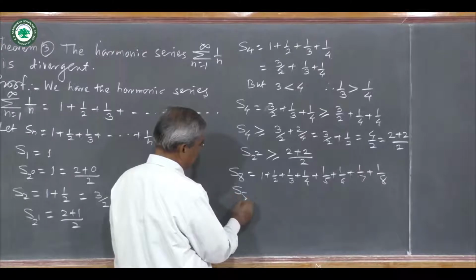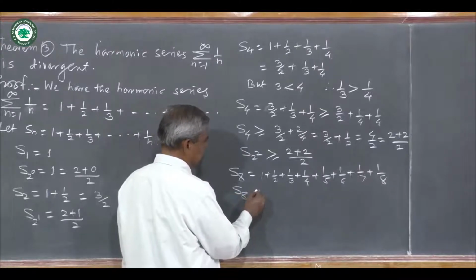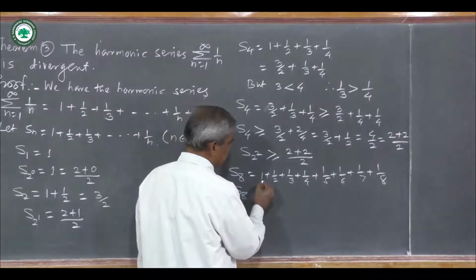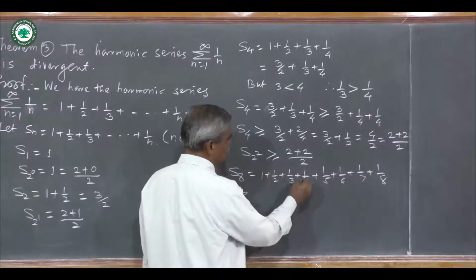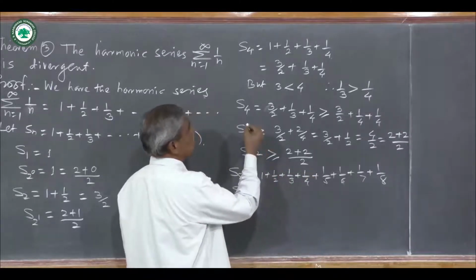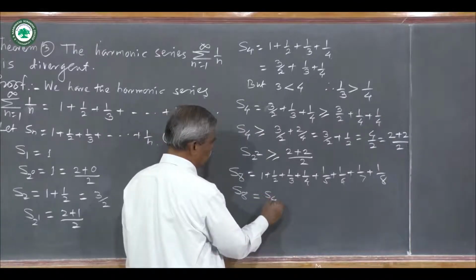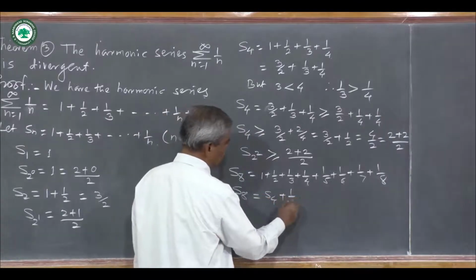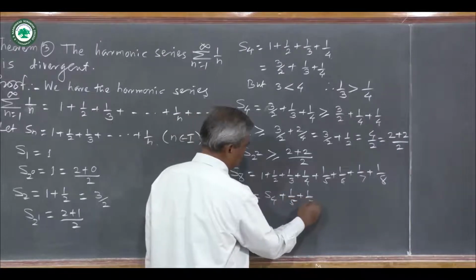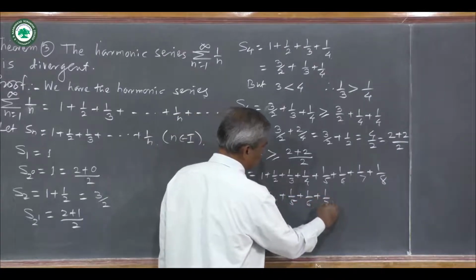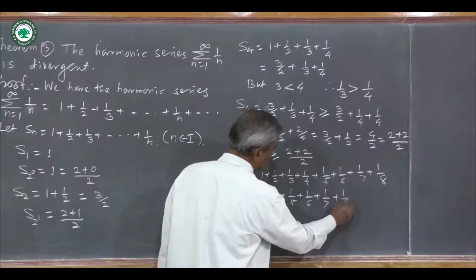Here 1 plus half plus 1 by 3 plus 1 by 4 is S4, so S suffix 8 is S suffix 4 plus 1 by 5 plus 1 by 6 plus 1 by 7 plus 1 by 8.